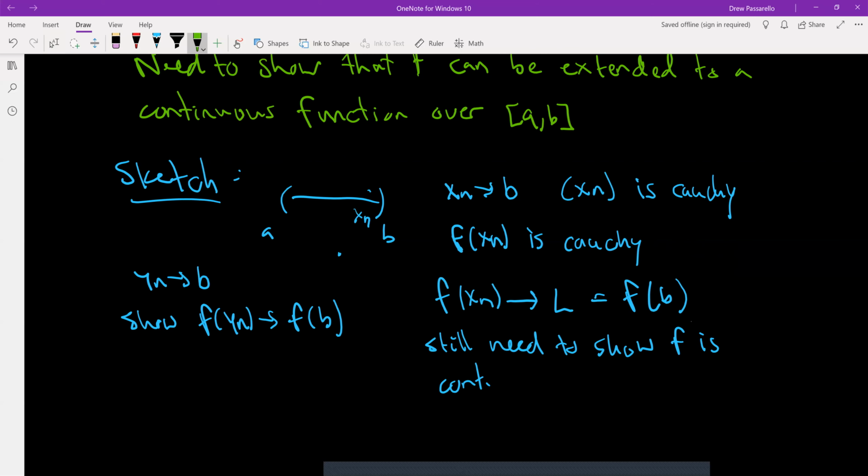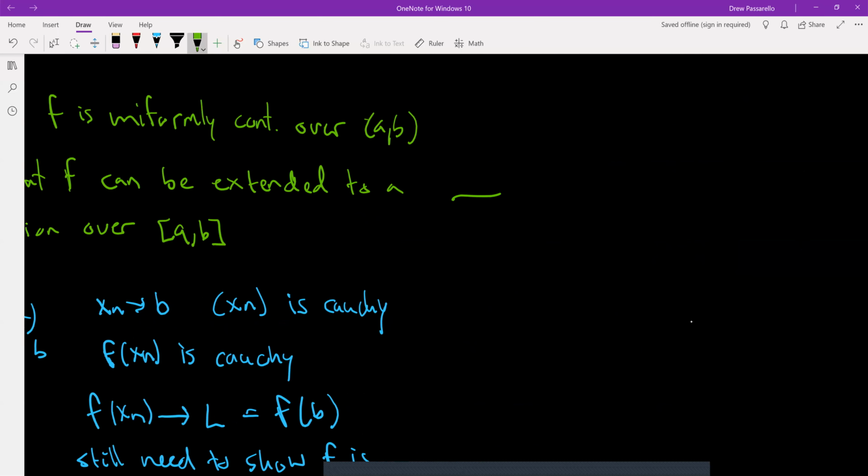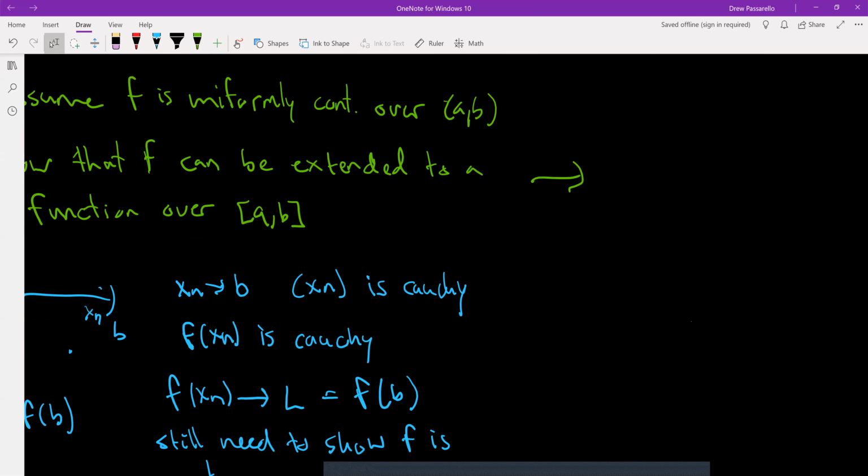Okay, so let's go into the proof. So we already assume f is uniformly continuous over (a, b).